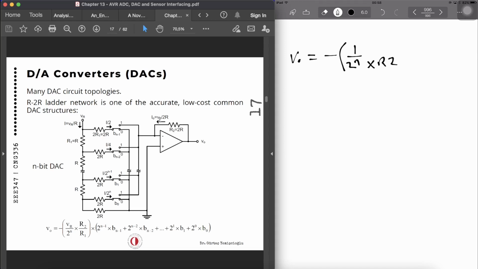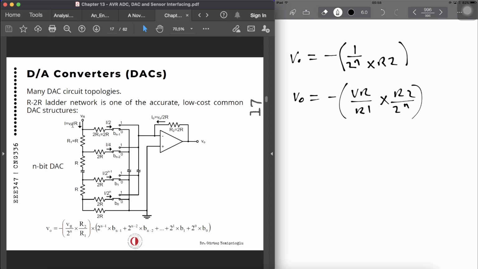From this step, remember I equals VR over R at this part. So I can rewrite this as V0, or V out, I keep saying V0, it's going to be minus VR over R1 multiplied by R2 to the power n.